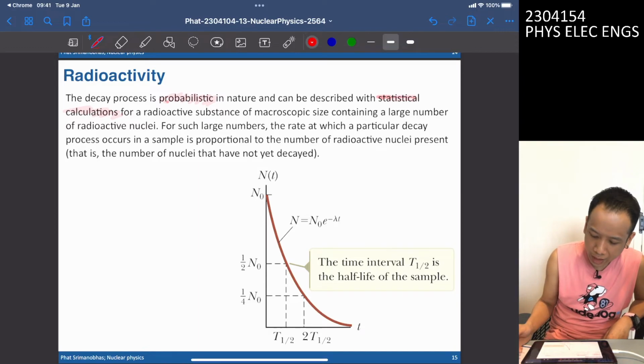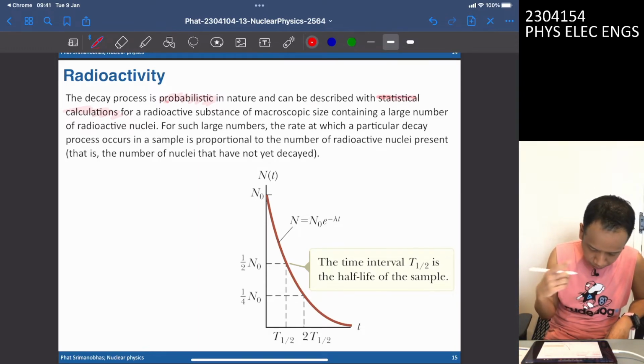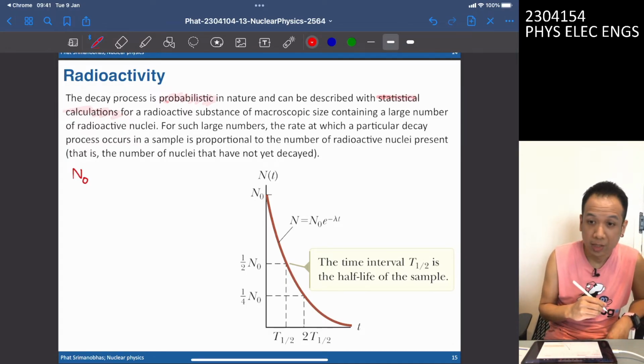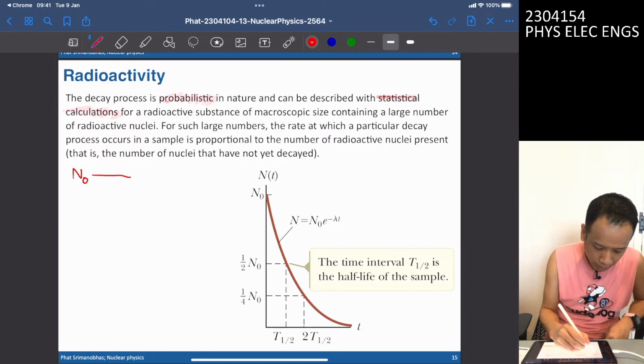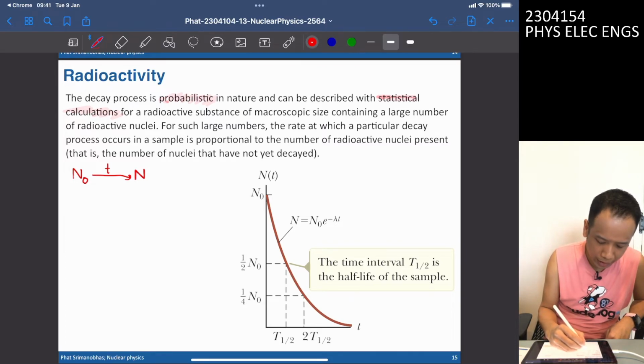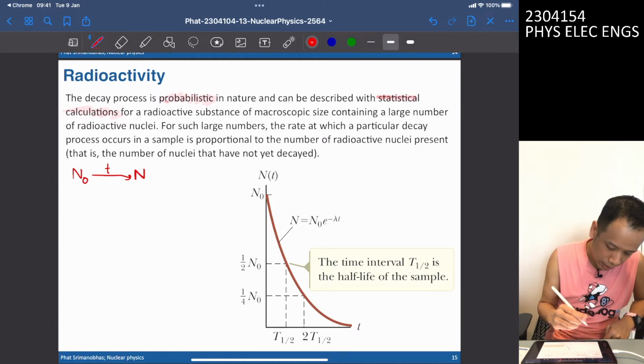So let's start: you have N0 atomic nuclei which are radioactive. And then when time passes, some of them radiate, right? And then you have N radioactive nuclei left.